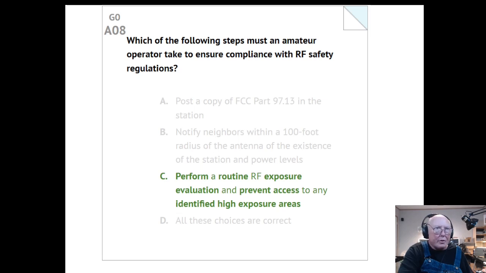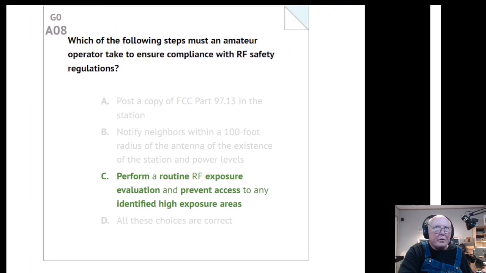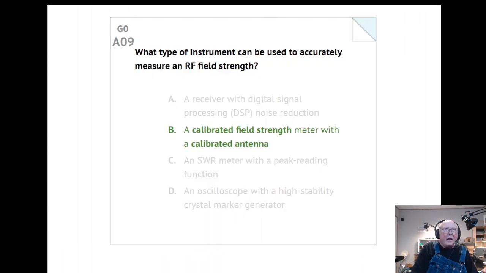And the next one, where'd we go? All right, I lost my place there. Let's see. All right, A09. What type of instrument can be used to accurately measure an RF field strength?